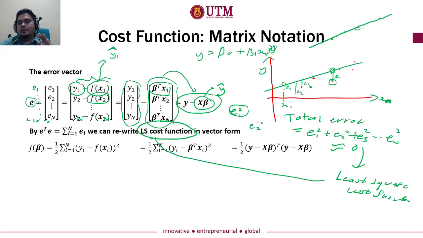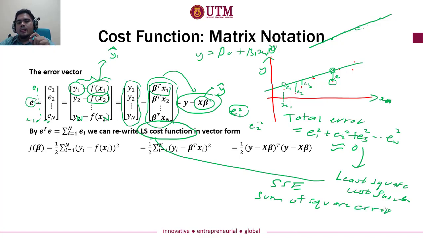So that's why you call this one a least square cost function. Another name for the least square cost function is SSE. What is SSE? SSE is sum of square error.